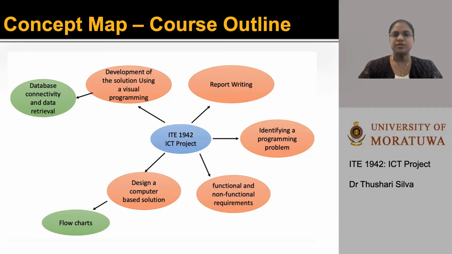During your implementation, you are required to connect the relational database management system. A proper connection between the database and the frontend needs to be developed, and retrieval of data from the backend is expected in your frontend application.